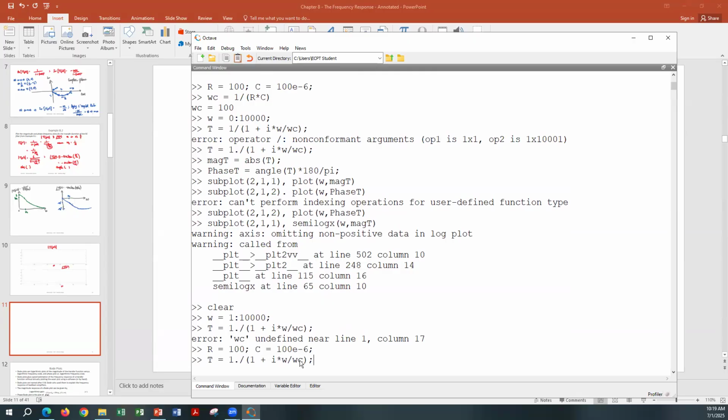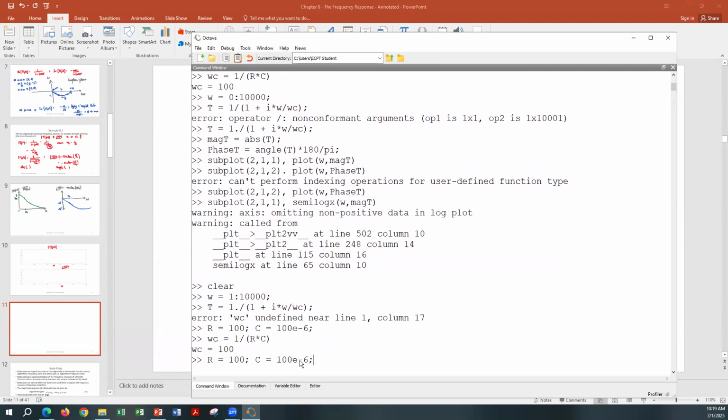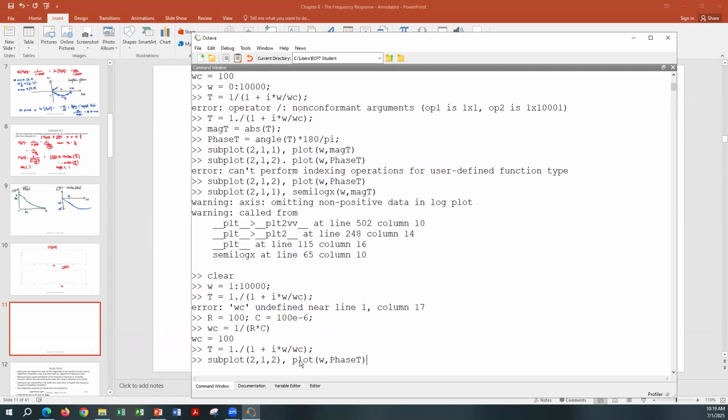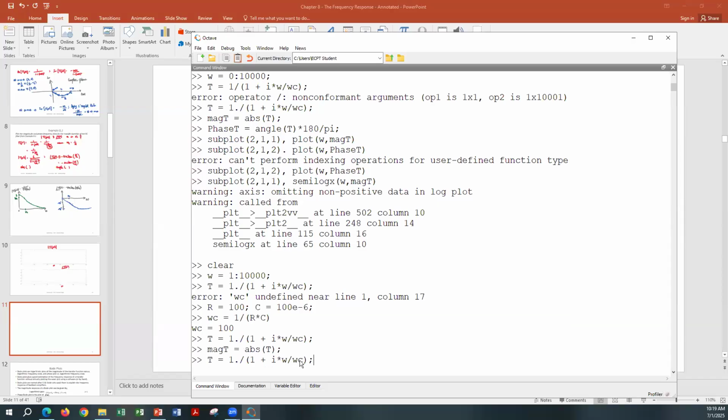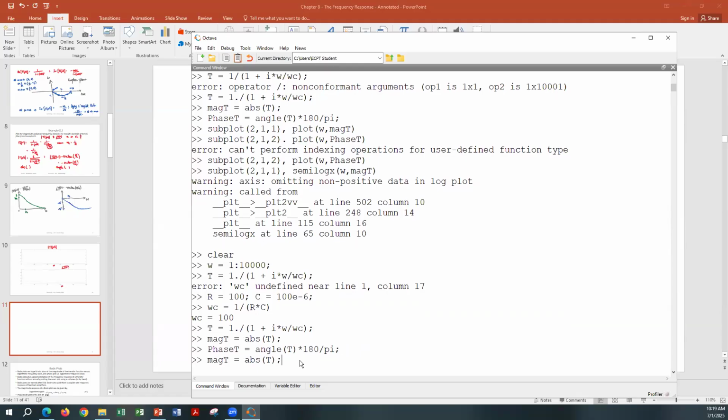RC, omega c, and then magnitude of t and phase of t.